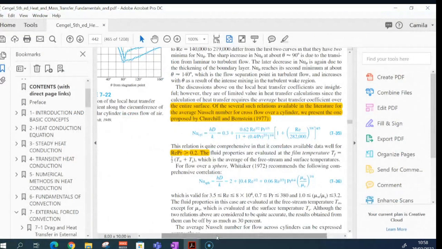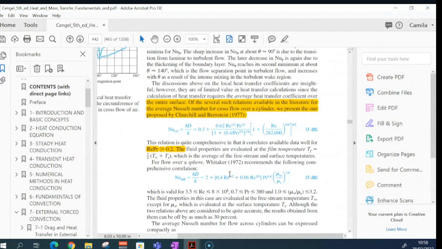In this case, they're not discussing necessarily if it's turbulent or laminar. They're saying that this relationship is for flow over a cylinder and applies for a product of Reynolds and Prandtl number higher than 0.2. It's not just related to laminar or turbulent in this case, it's related as well to your Reynolds multiplied by your Prandtl number.